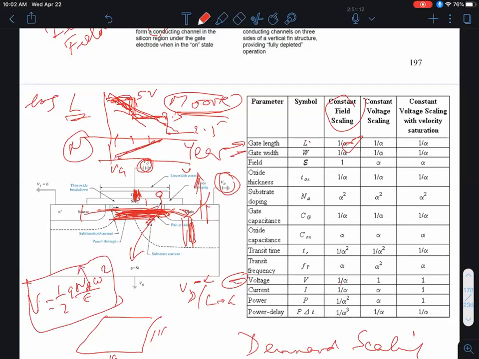I have to increase the doping by a factor of alpha, right? Actually, alpha squared. So my doping concentration has to actually increase by alpha squared to make sure that the depletion width reduces by a factor of alpha, okay? So you want a higher channel doping, all right? So that's what's done in a modern transistor.